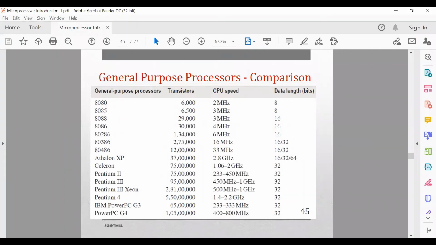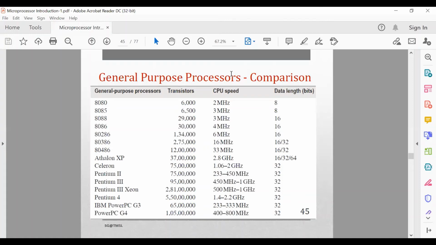Before this 8085, in the 4004, 8008 and 8080, multiple power supplies were used: 3 types of power supplies, 5-volt, 12-volt and 15-volt.